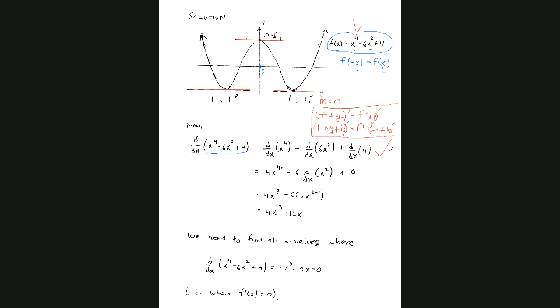So on this first step, are there any questions? I just applied the sum rule on this first step here. That's what I did. Are there any questions? Who's feeling very comfortable? And by the way, I'm using Leibniz notation because it makes it easier to keep my work organized.